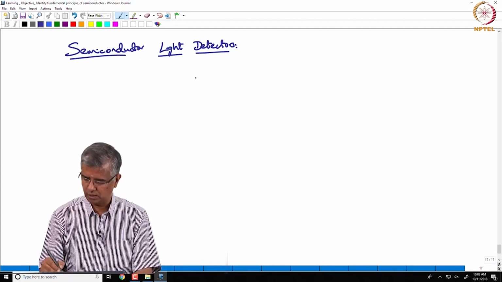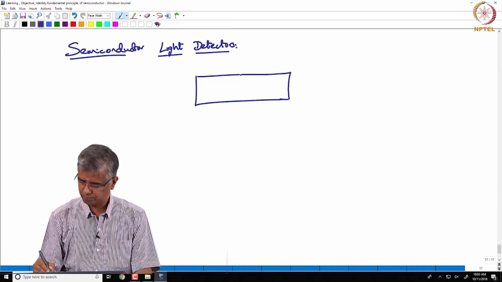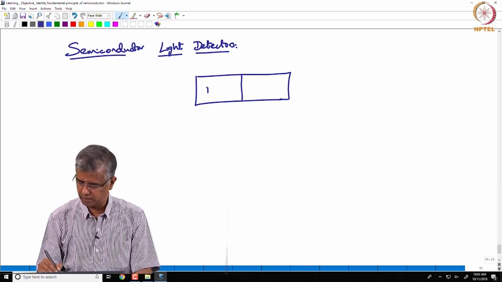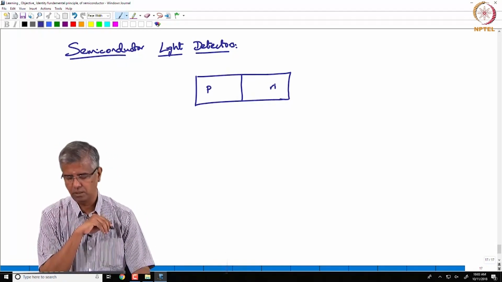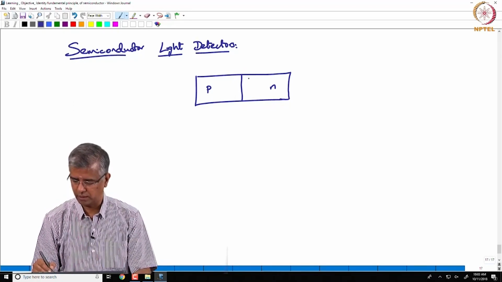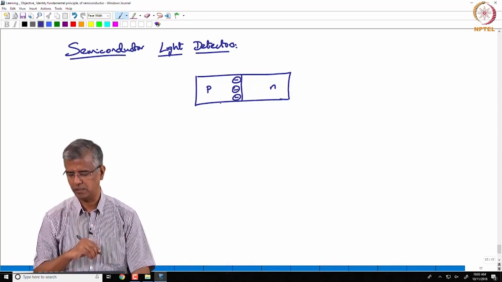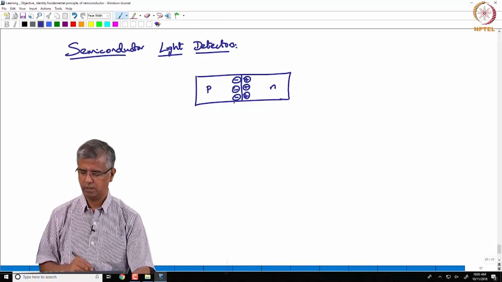So, as we saw before, when we consider a PN junction diode, the excess holes are going over to the N side from the P side, and that is leaving behind some fixed charges, negative charges on this side and positive charges on this side, right.